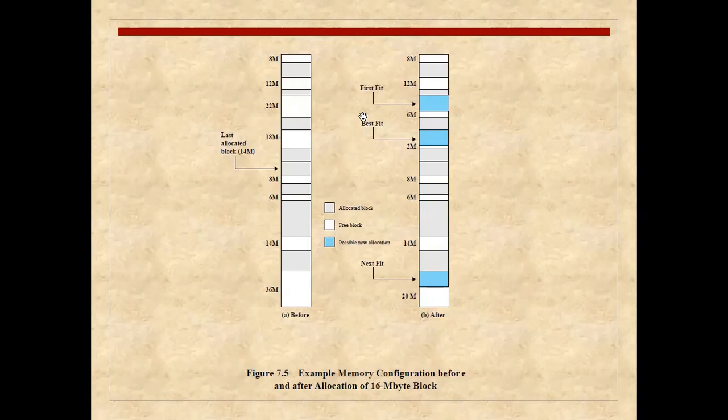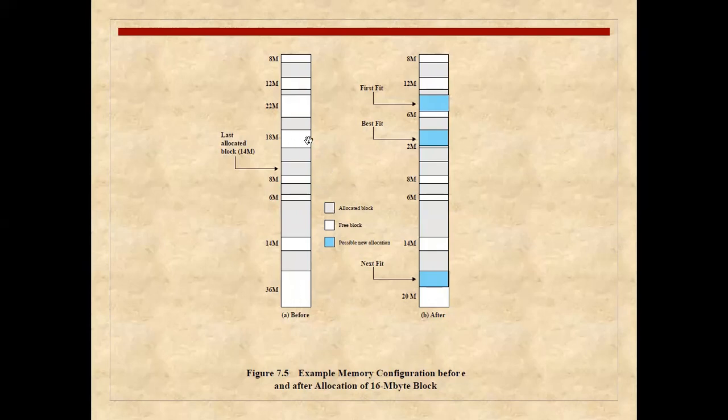Okay, if we are using best fit, we choose the block where, when placing the 16 MB process, the wastage is minimum. That is best fit. Wastage should be the minimum. So in which block do we place it: 22, 18, or 36?